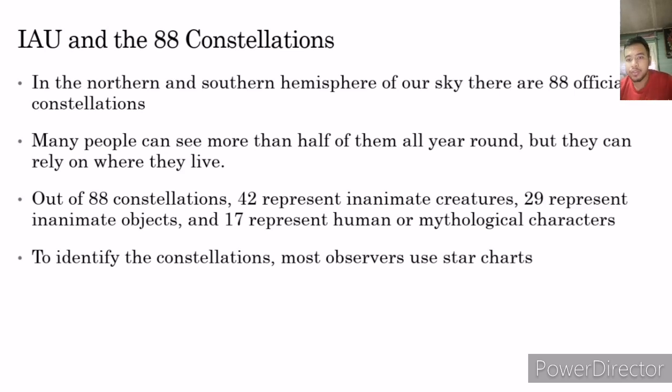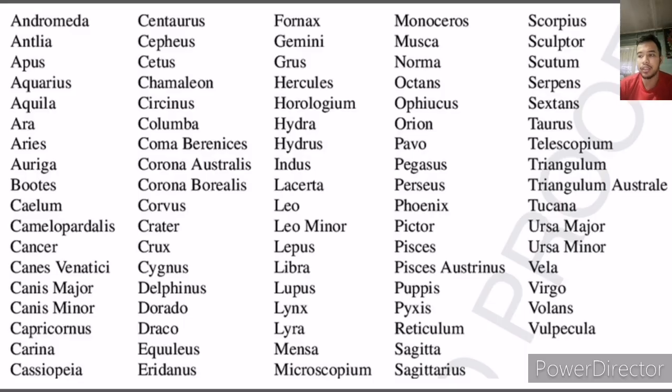So let's move on to our star charts here. Here we have the 88 names of the constellations, and some of them we always hear about, for example Cancer, Hydra, Gemini, Aquarius, Scorpio, or Leo.